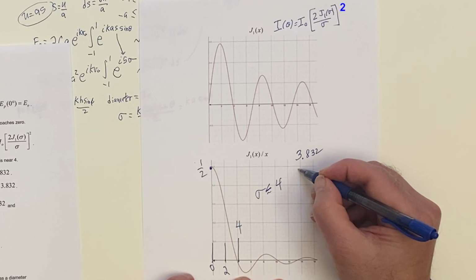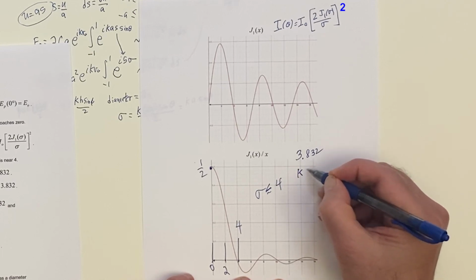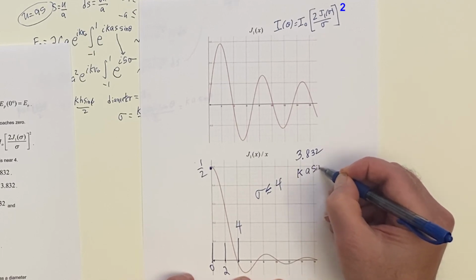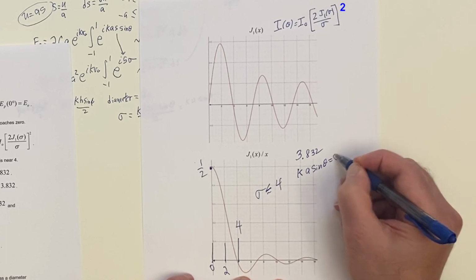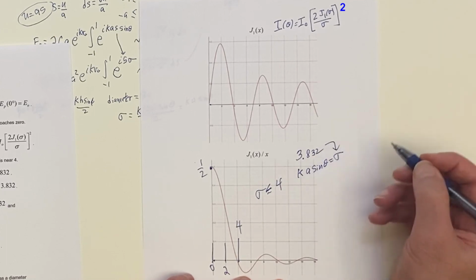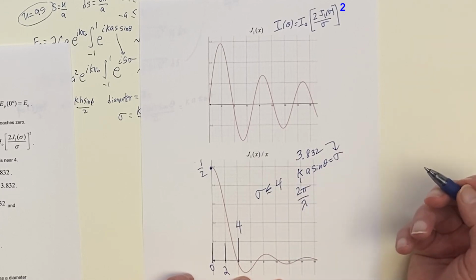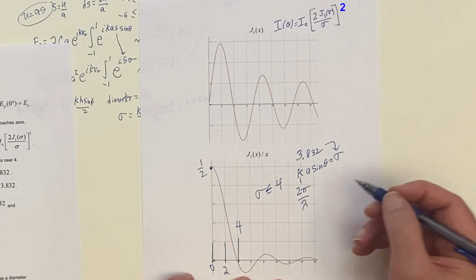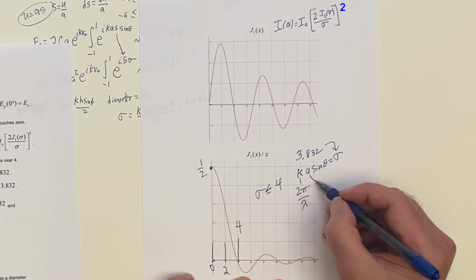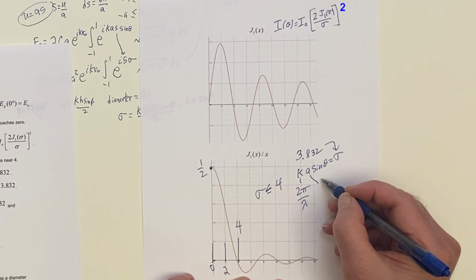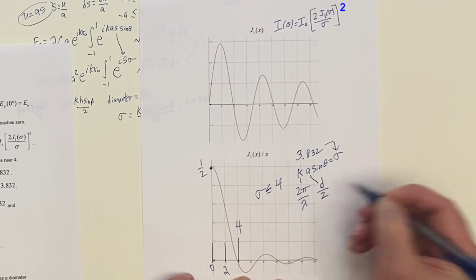In other words, this is Ka sine of theta, which is the sigma. That's what this is, and this K is 2 pi over lambda. So if I want this in terms of the diameter, this is d over 2.